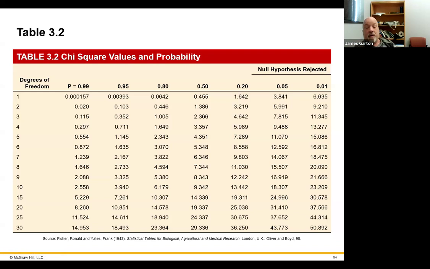That is to say, if the number that you calculate is less than 7.815, the odds are very good that the observed data deviated from the expected data in a non-significant fashion. That is to say, it was within the realm of random chance, random sampling error acting alone.